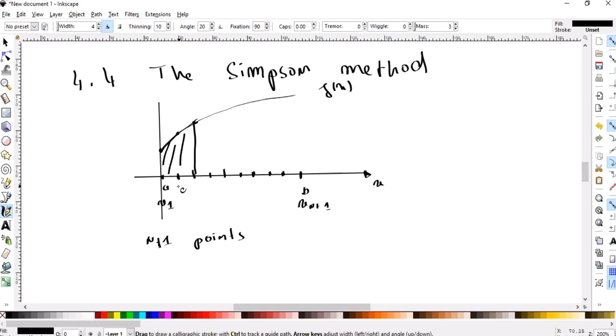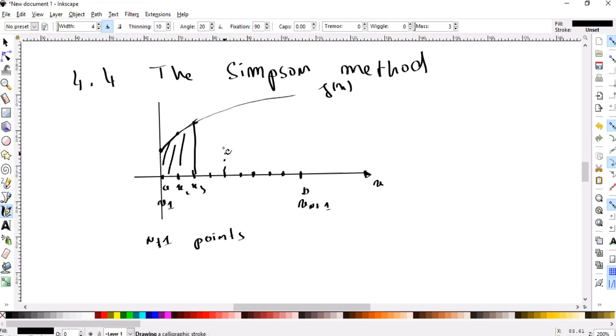So for example, if I have the points x1, x2, x3, I construct the Lagrange polynomial passing through them and integrate it. In the trapezoid method, you integrate the area under the line; here, you integrate the area under the Lagrange polynomial.